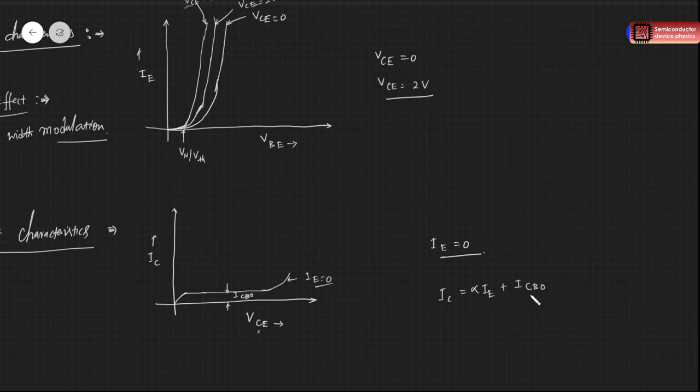This we already derived for a transistor, where alpha is the current gain. And ICBO is our reverse saturation current.